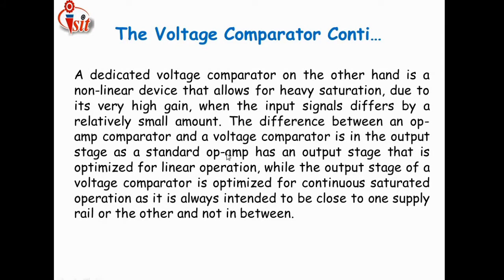The standard op-amp has an output stage optimized for linear operation, while the output stage of the voltage comparator is optimized for continuous saturated operation, as it is always intended to be close to one supply rail or the other and not between.